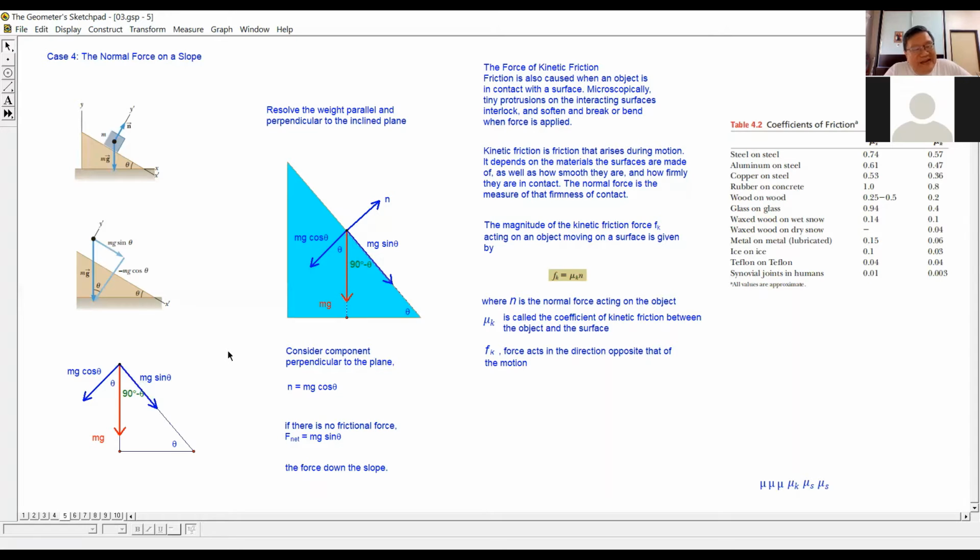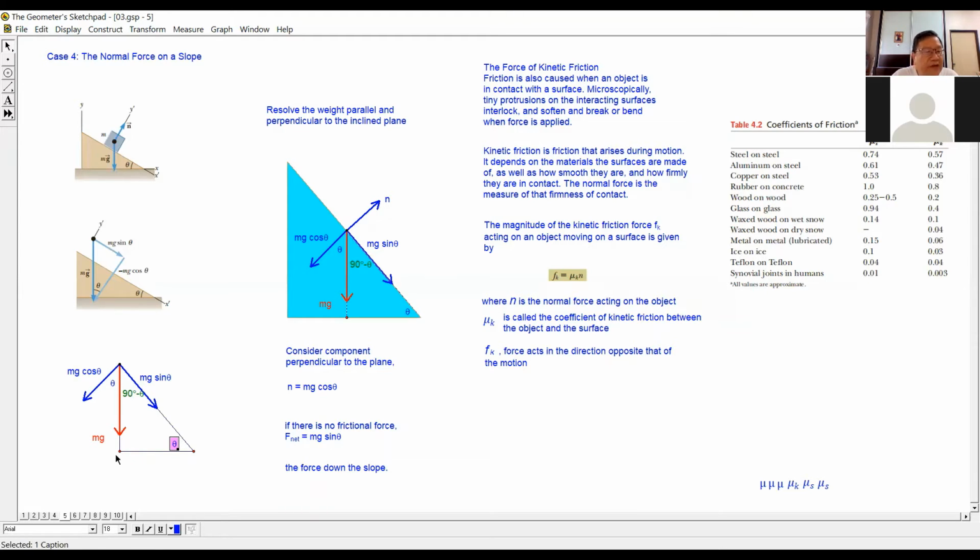But what is the size of the two blue arrows? We start off with the angle of the inclined plane. Let's say the angle of the inclined plane is theta. Then I draw a right angle triangle with the weight as one of the sides.